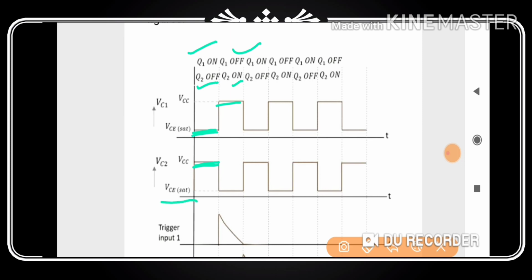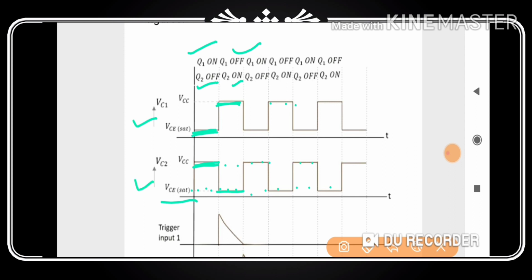See the output here: this is the saturation region and this is the cutoff region. If Q1 is off, it shows the cutoff region, and Q2 on means the saturation and conducting region. The saturation region and the cutoff region are shown for Vc1 and Vc2, that is, the Q1 and Q2 transistors.